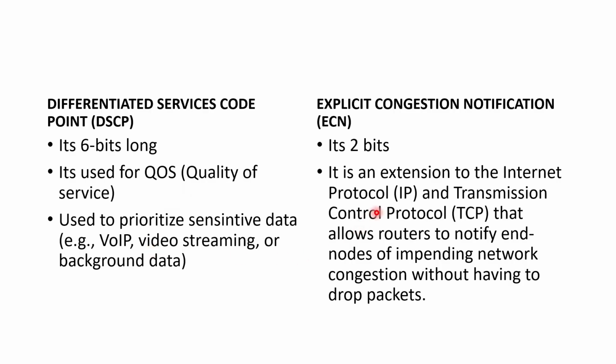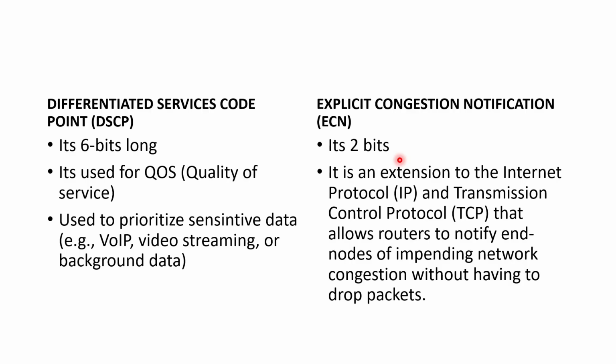Now, the next field is explicit congestion notification, ECN. It is 2 bits long. The summary of this field in the IPv4 header is that it is used to send a notification between two nodes end to end. For example, maybe there is network congestion.